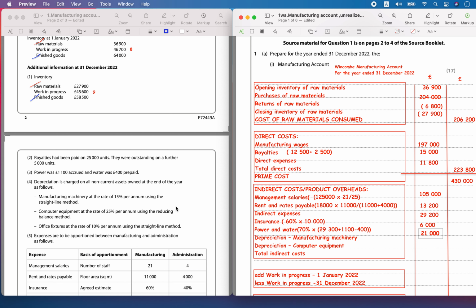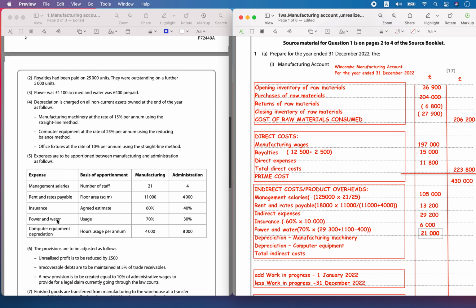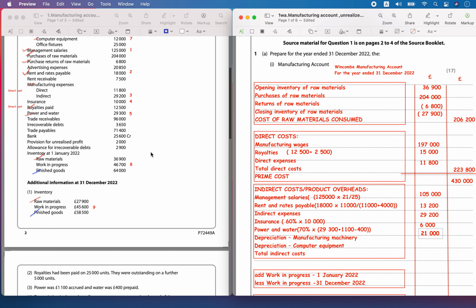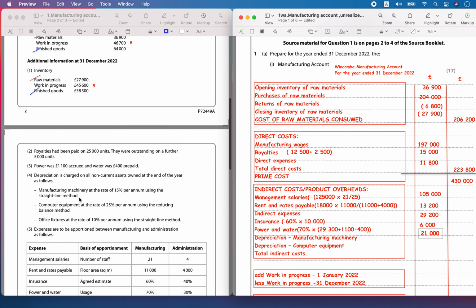So let's include the provision for manufacturing and computer equipment. Let's calculate the depreciation on the manufacturing machinery. It is 120,000 cost, and they have said that it is depreciated at the rate of 15% per annum.